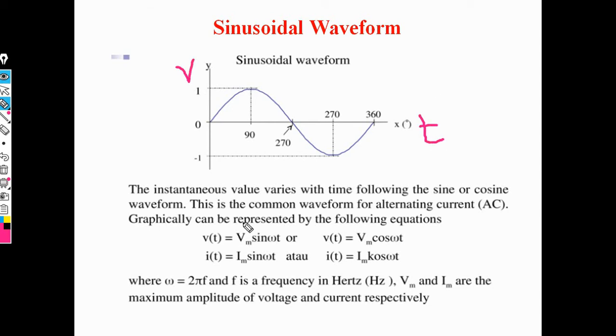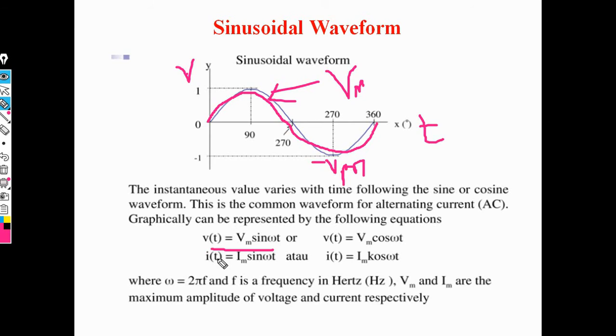Vm is the maximum voltage, and this is minus Vm. This is the exact representation of v of t equals Vm sin omega t, because this is the sinusoidal waveform starting from this point.